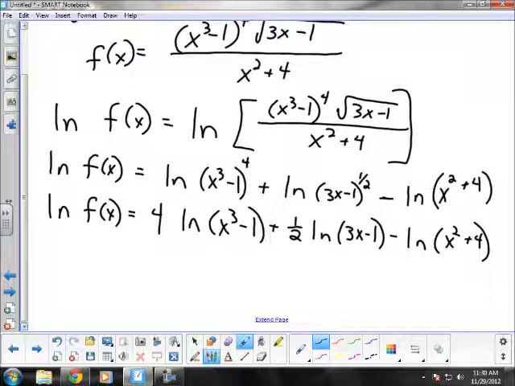All right. So now when I take the derivative of the ln of f of x, that gives me the derivative of f of x with respect to f of x. The derivative of f of x with respect to f of x.